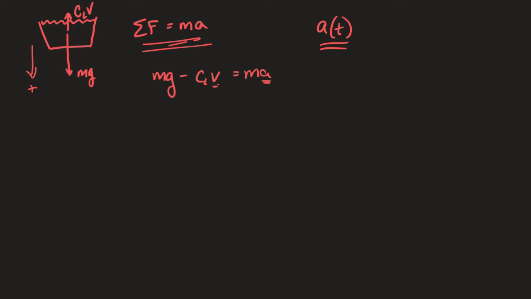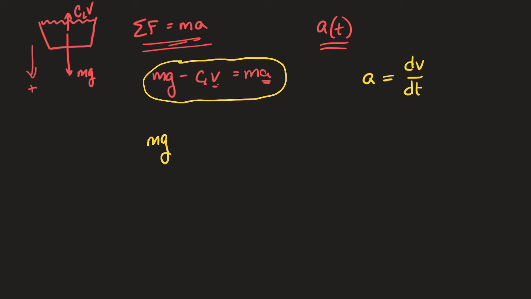In this example, we use Newton's laws to create a custom relationship that we could then use to analyze this system. This custom relationship, though, is not a normal equation. Acceleration and velocity are related because acceleration is the derivative of velocity, which means this equation is actually a differential equation.